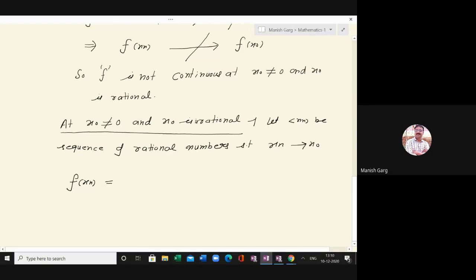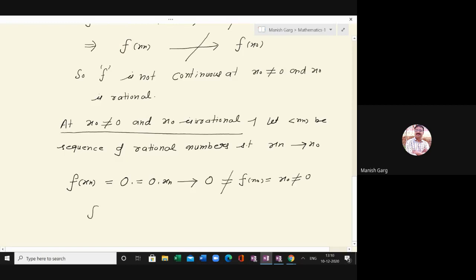f(x_n) will be, x_n is rational, so it will be 0. You can write 0 is equal to 0 into x_n. So x_n converges to x naught, so 0 into x_n converges to 0. But what is f(x naught)? f(x naught) is x naught, since x naught is irrational. So this is x naught, which is not equal to 0. So this cannot be the value.